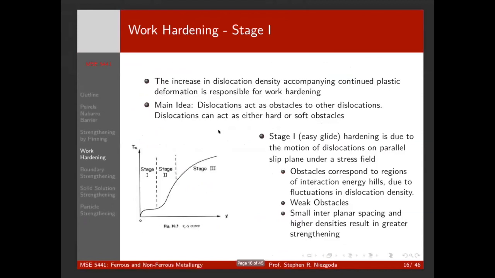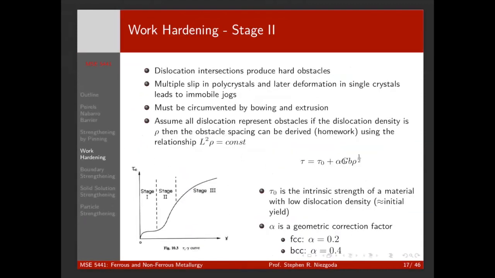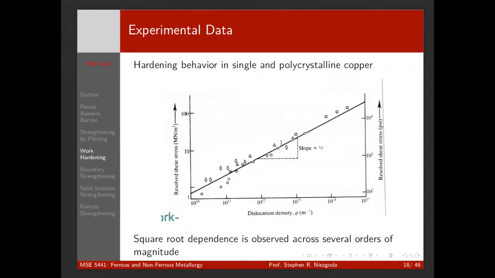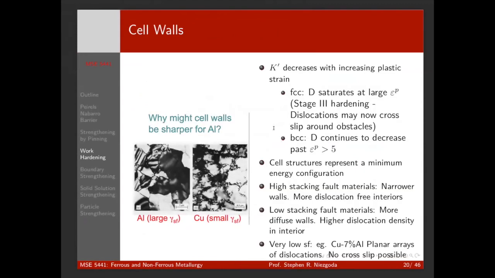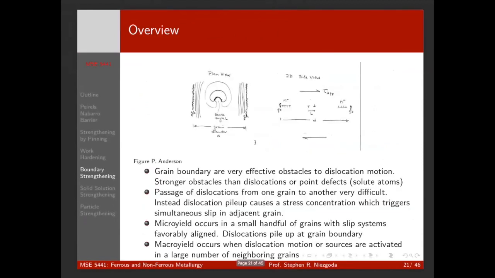So work hardening. The Taylor relationship, square root rho. Dislocation intersections produce obstacles. The more dislocations we have, the more obstacles we have. Okay. Cell structure, important later, not so important for this exam.